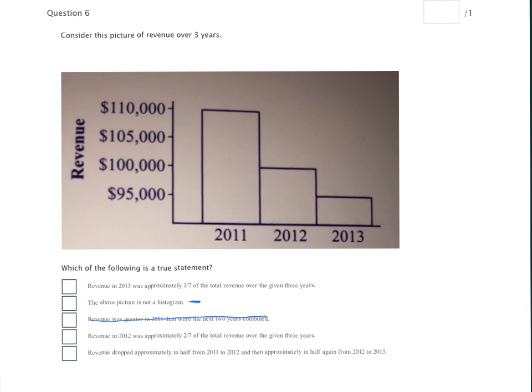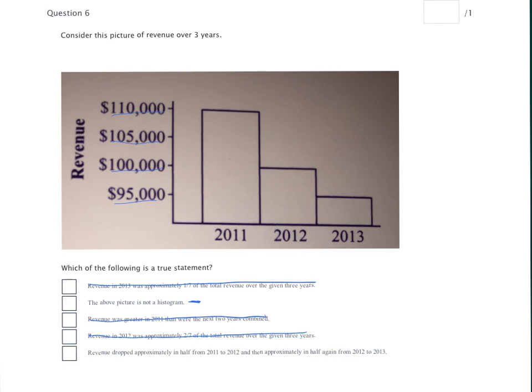Revenue in 2012 was approximately 2/7 of the total revenue over the given 3 years. Well, actually, just looking at the numbers here, this is not going up by sevenths at all. So that's not true. So that means that this probably isn't true.